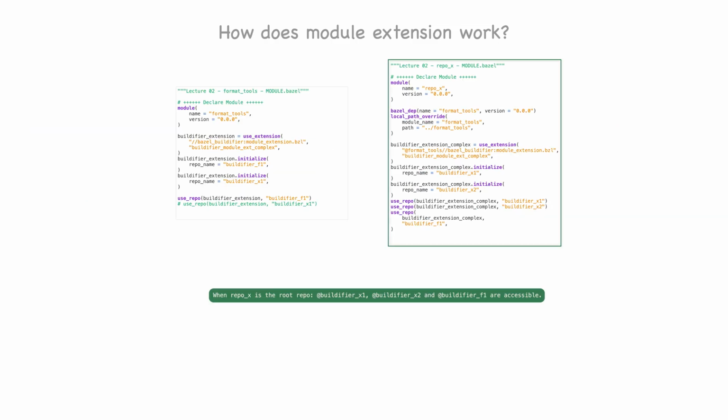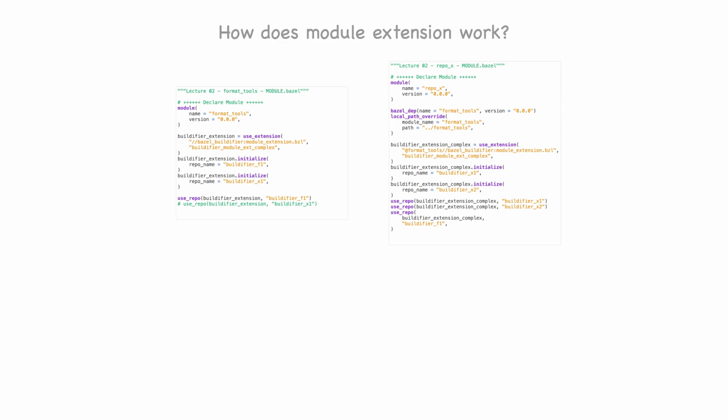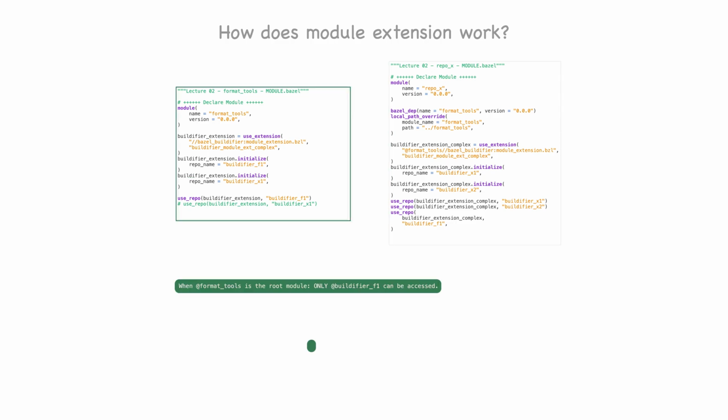When repo_x is the root module, 3 beautifiers will be accessible: x1, x2, and f1. Please note that it is possible to access f1 even if it is created in the external module format_tools. If we switch the root directory to format_tools, the only beautifier repo that we can access is f1 because x1 has been commented out in the use_repo method.